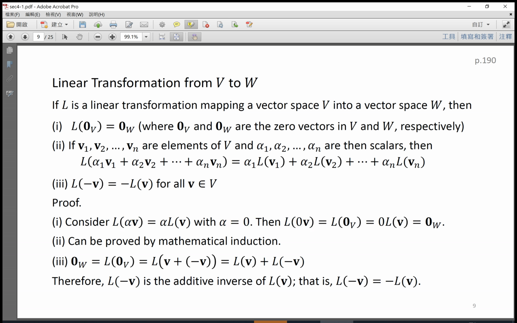We know that due to the vector space axiom, 0 times v equals the 0 vector in V, while 0 times any vector in W equals the 0 vector in W. Hence, we have proved L of 0v equals 0w, and statement 1 is proved.